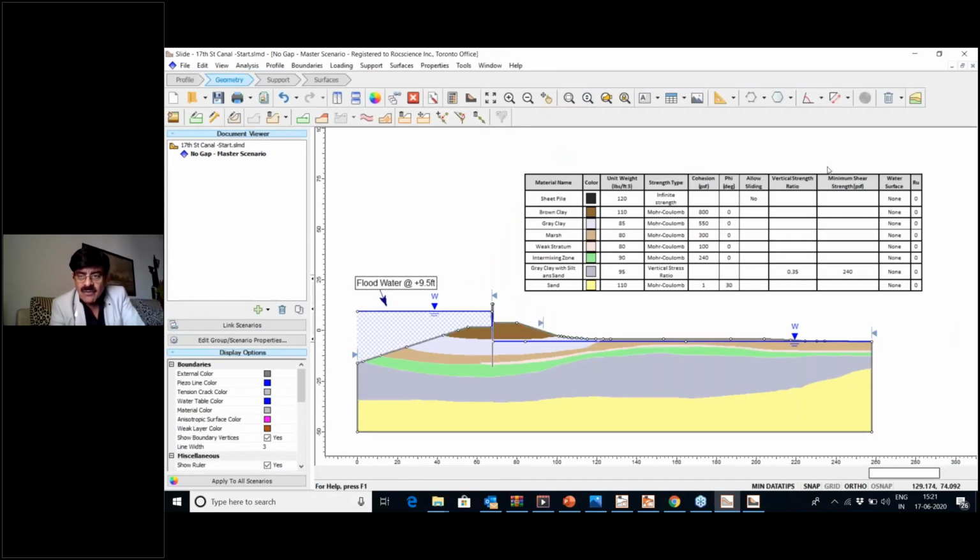And what we're going to do is create a tension crack here. Before I do that, let me enlarge the view so that you see what I'm doing.